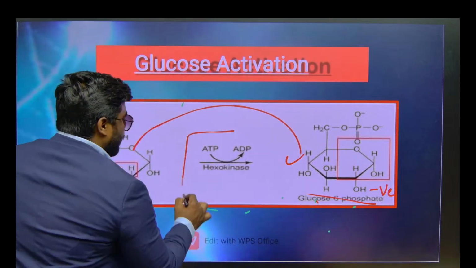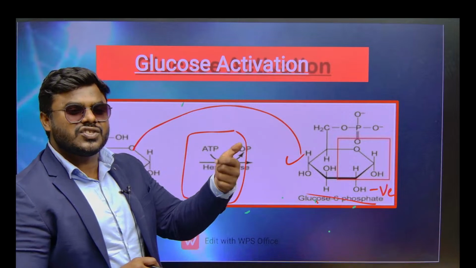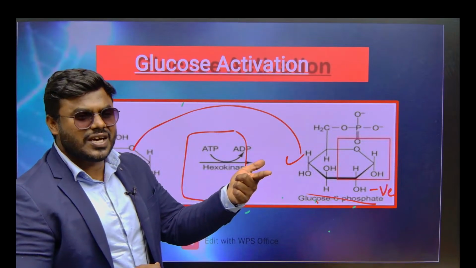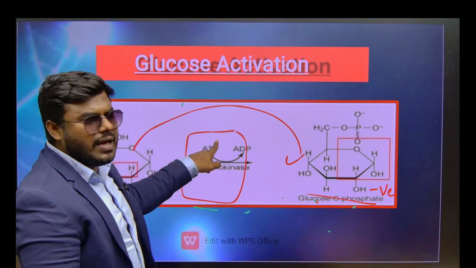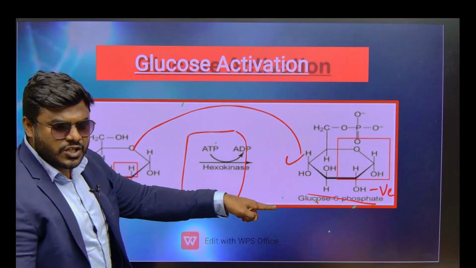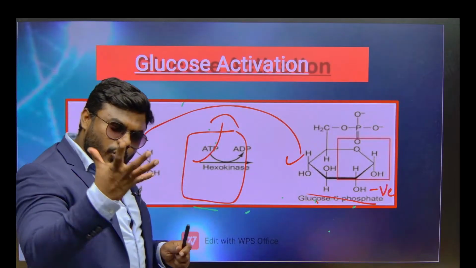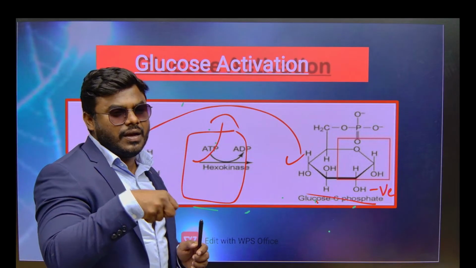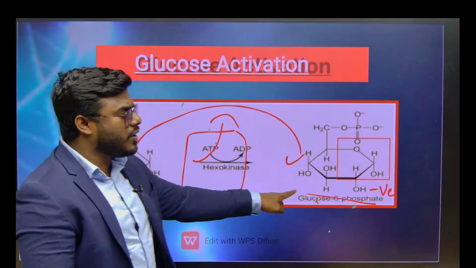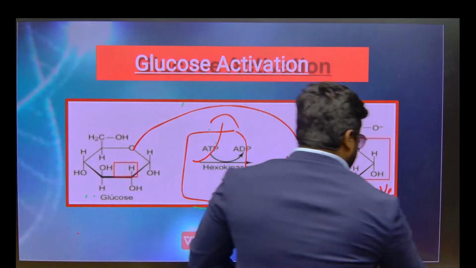See friends, the plasma membrane never transports any negatively or positively charged ions. No ion can be transported directly through the membrane. So when glucose is converted into glucose 6-phosphate, it never goes back. You are getting the point. So we are trapping the glucose inside. For that reason, glucose is converted into glucose 6-phosphate. This is one of the most important reactions.